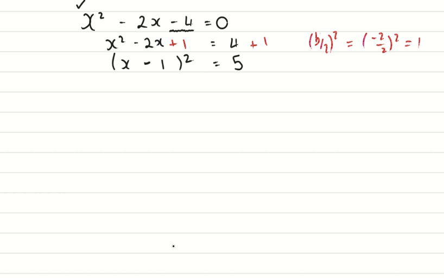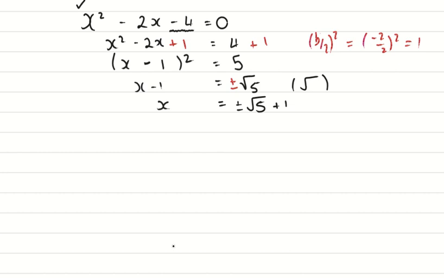Now we're almost done. So now we square root both sides, so that we're left with x minus 1 is equal to, don't forget this step, plus minus root 5, alright? And then we just have to get rid of the minus 1 by saying x is equal to plus minus root 5 plus 1, okay?